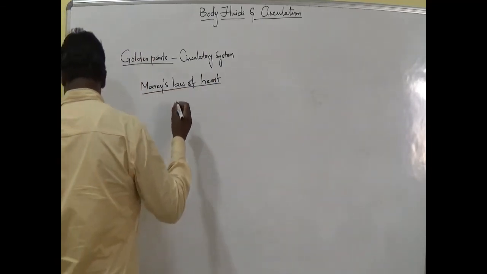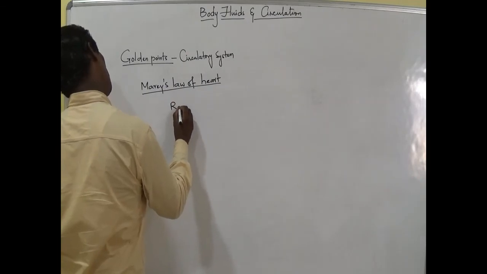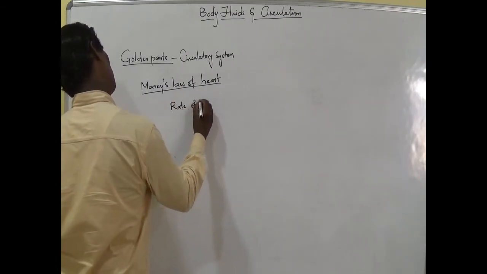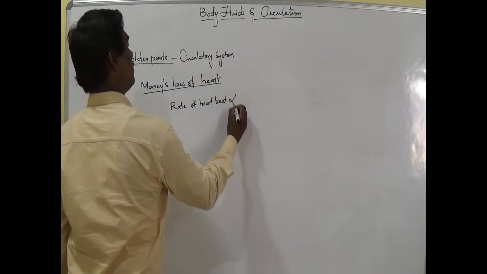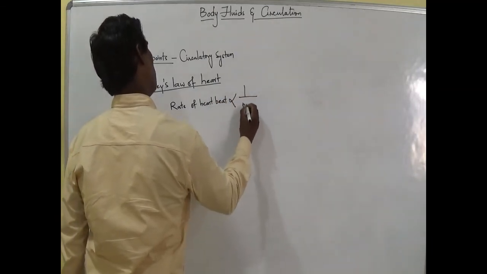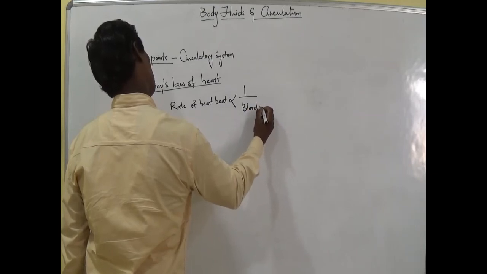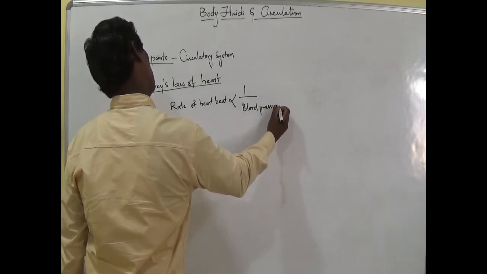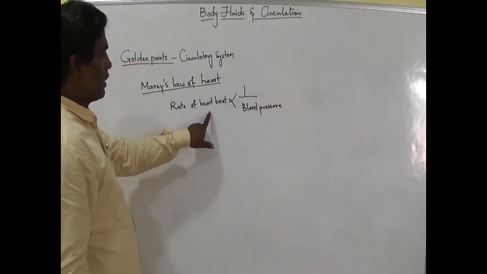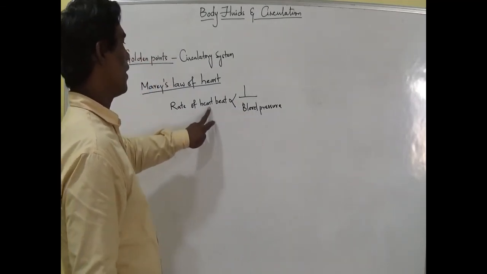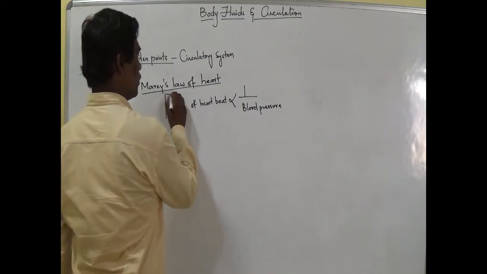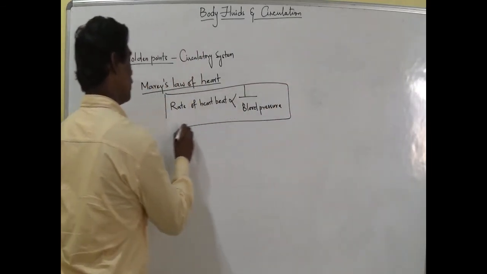Marey's law of heart states that the rate of heartbeat is inversely proportional to blood pressure. So if blood pressure is more, the rate of heartbeat is less. If the blood pressure is less, the rate of heartbeat will be more. So this is important. Based on this you may get questions.